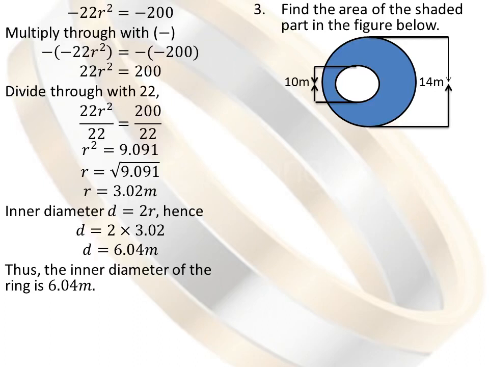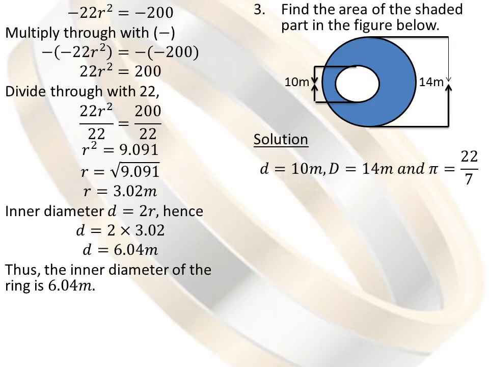We have our smaller diameter, that's the inner diameter, to be equal to 10 meters and our bigger diameter to be equal to 14 meters. And of course, the value of pi is 22/7. Hence, r is equal to 10 divided by 2, that is our smaller r, which will give us 5 meters, and our bigger r is equal to 14 divided by 2 is equal to 7 meters.